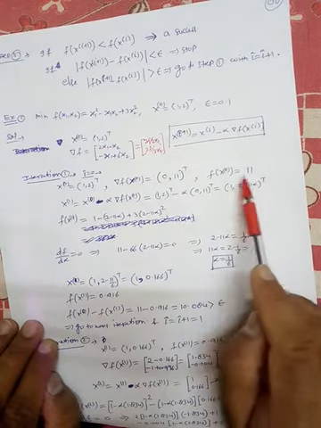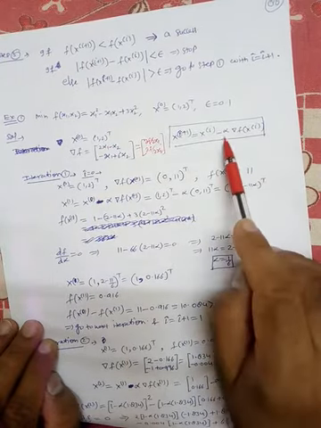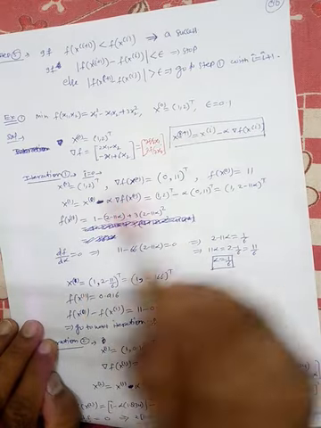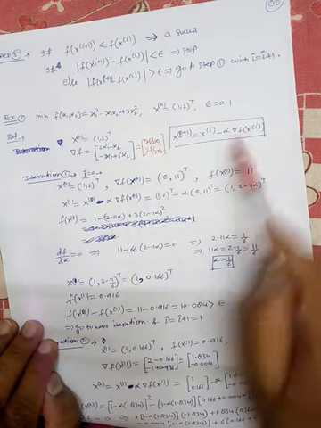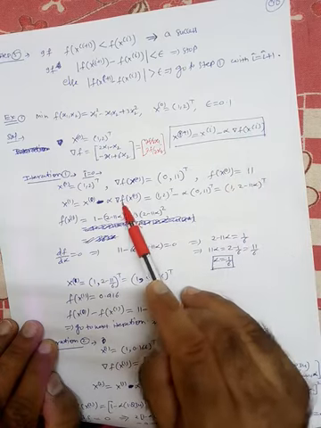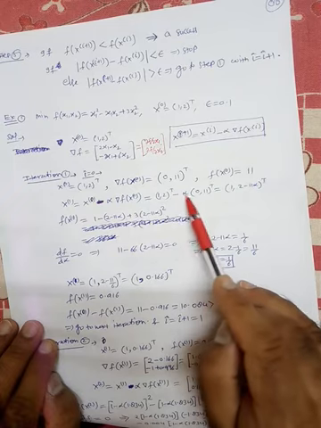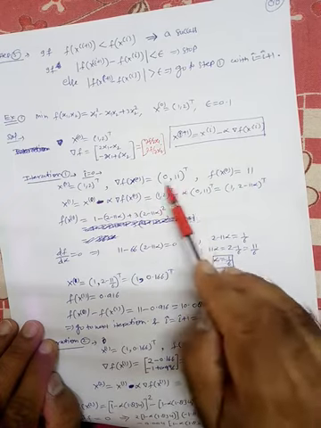Now substitute these values here. Since i is 0, x1 will be x naught minus alpha gradient f of x naught. X naught is (1, 2) minus alpha times (0, 11).